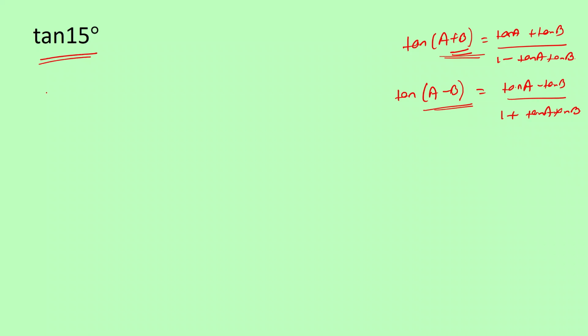this tan of A minus B in a similar way to how we found out sine 15 degrees, right? You remember 45 minus 15 degrees. So tan of A minus B is tan A minus tan B divided by 1 plus tan A tan B. So now what is tan 45 degrees? 1.